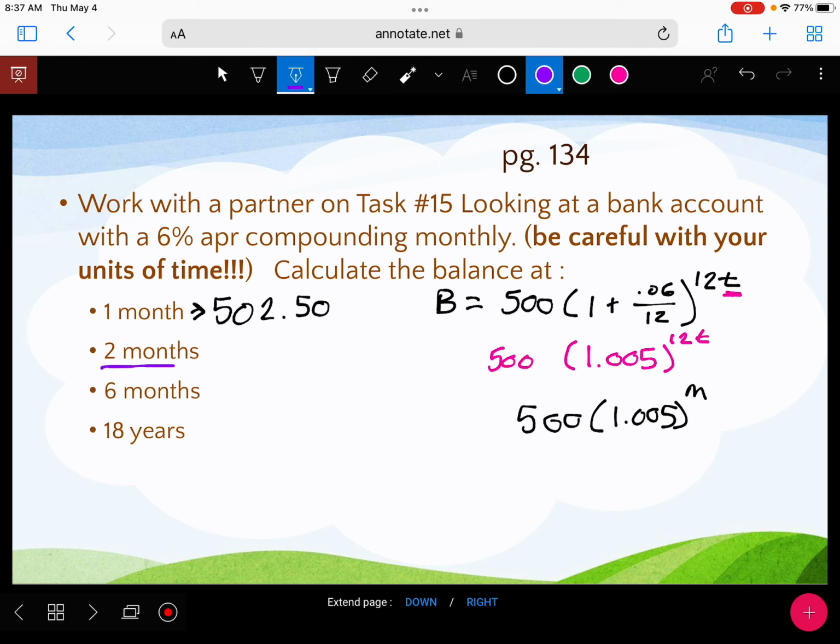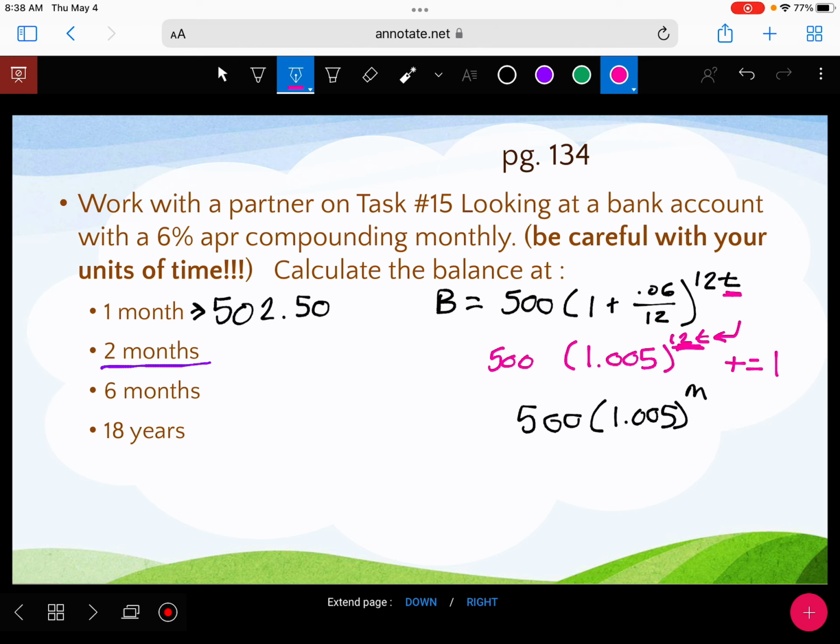For month 2, they added another $500 to it. So with the T was gonna be 1, right? Because it's only 1 month, right? So if we wanted to do this here, if I put T equals 1, is this saying 1 month or is that saying 1 year? 1 year. If it's got this 12 next to it, it's still in years.